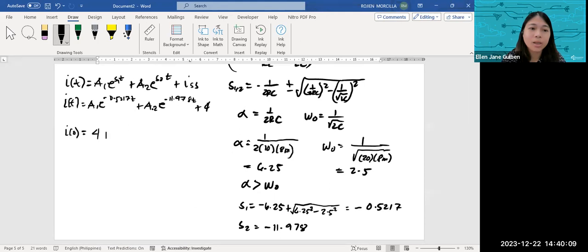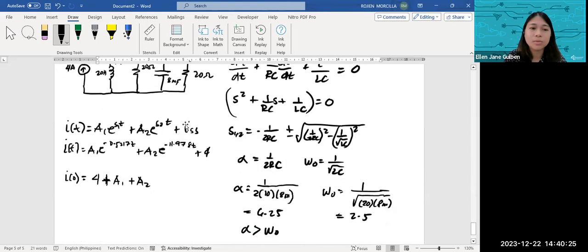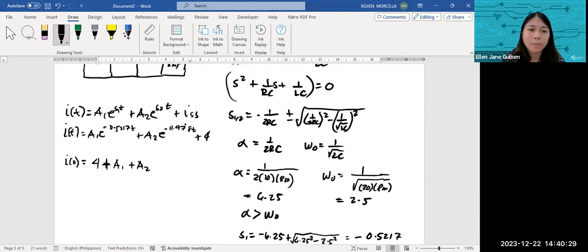And then plus A1 plus A2. No, this one is equal to 4 amps when I at 0.